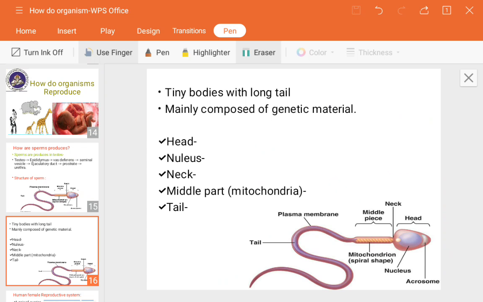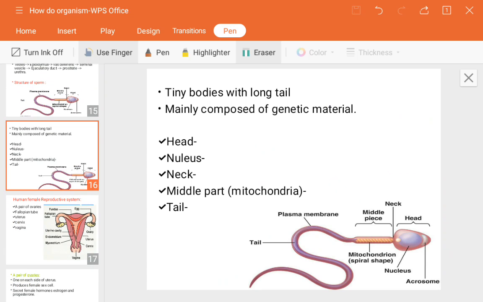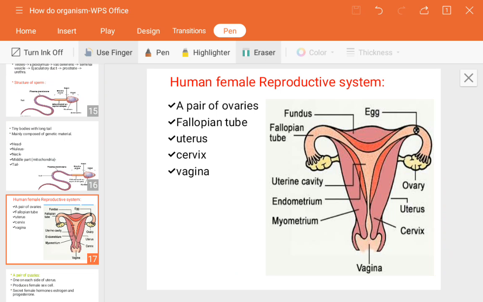So now we will see the female reproductive system or the organ. As we have studied the male reproductive system, the same we are going to study for the female reproductive system.